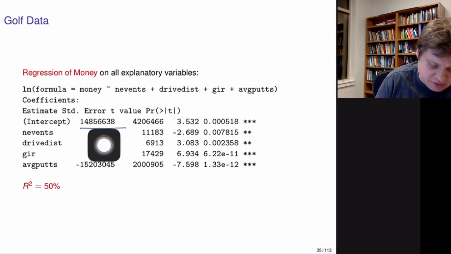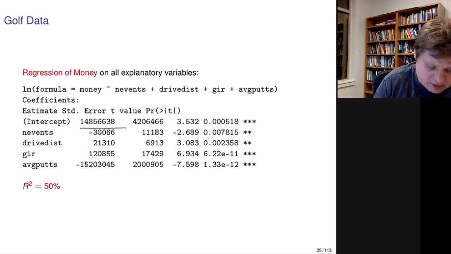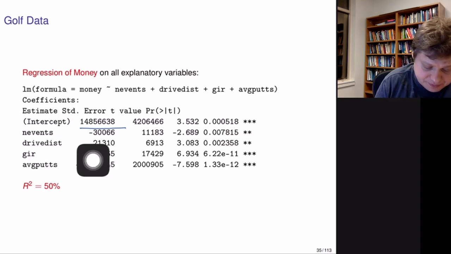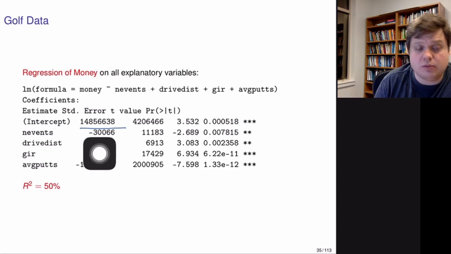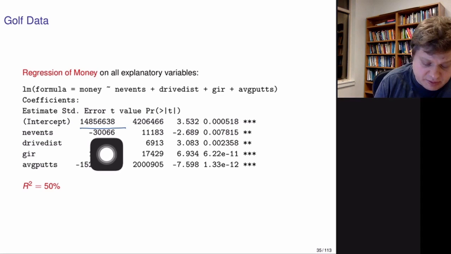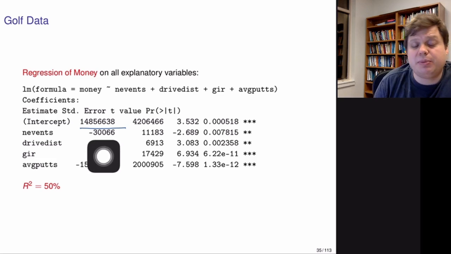The prediction from the model for 0 events and all other variables at 0 actually doesn't make any sense. Let's look at the number of events. It looks like the number of events is negatively related to the money. Why is that? The more events you participate in, the less money you make. At first glance it's counterintuitive, but if you think a little bit deeper, what happens is that top players will participate in a very small number of top events.